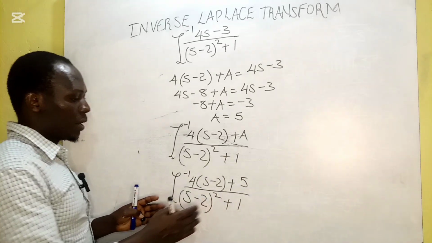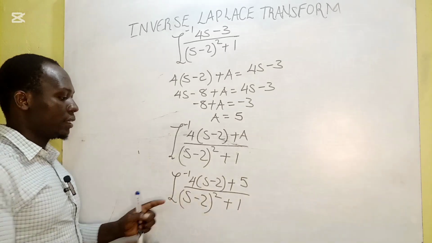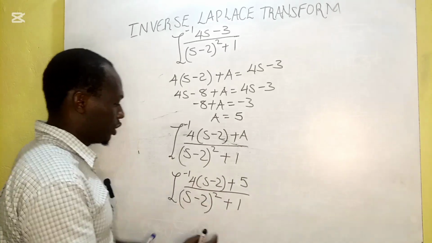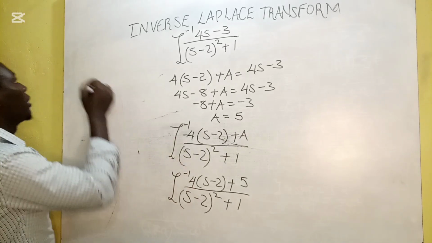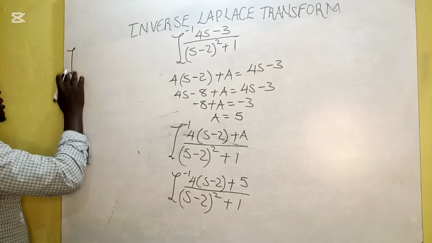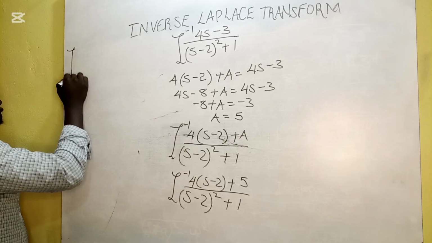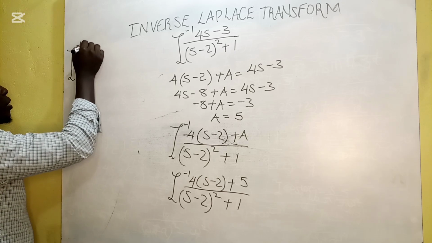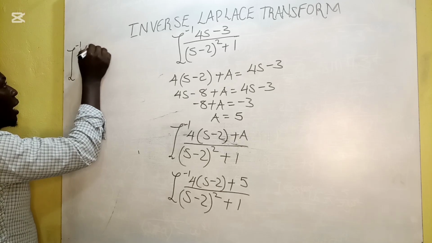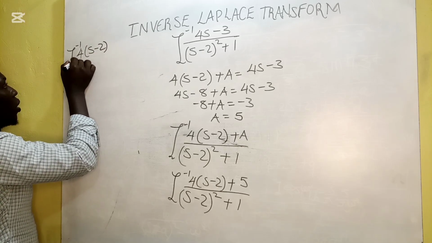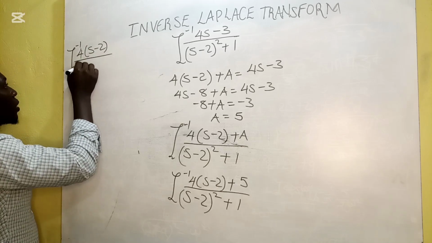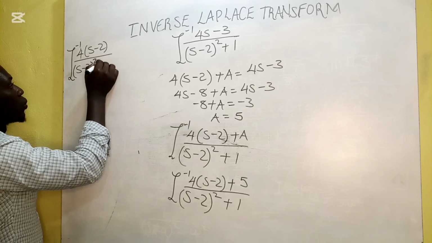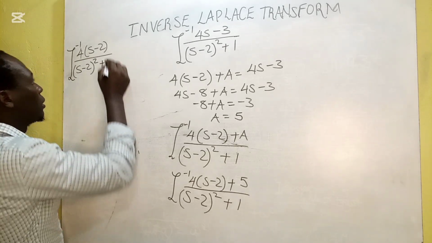From this point now, we can have two separate inverse equations, and this is how we are going to have them. The inverse Laplace transform of 4 into s we subtract from 2 all over s we subtract from 2 squared, we add to 1.